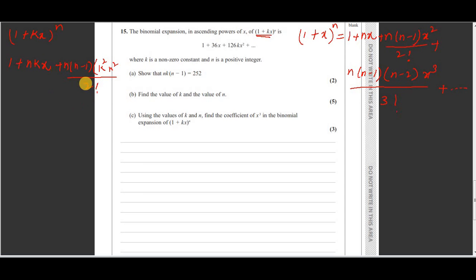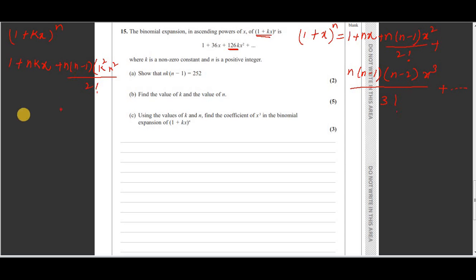Because you need nk(n minus 1), you can compare the coefficient of x squared. Here the coefficient of x squared is 126k.